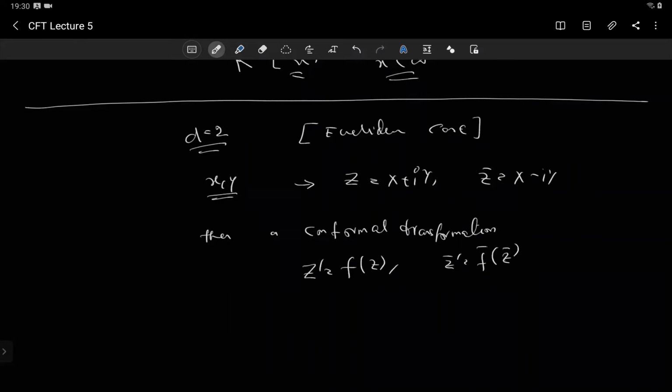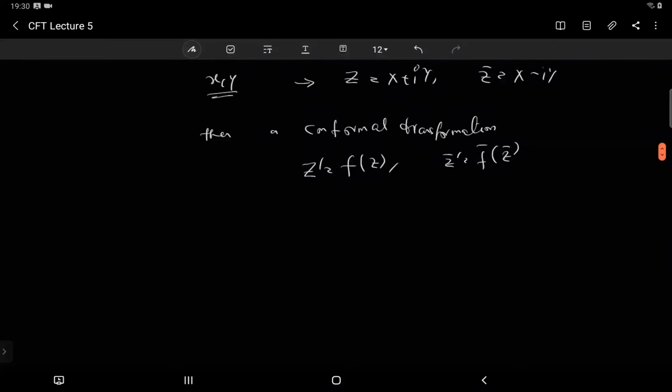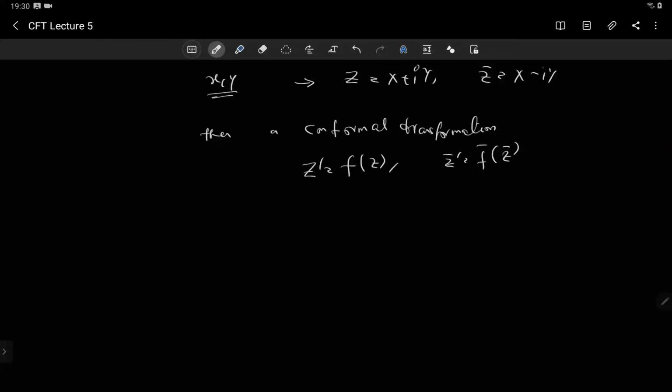So conformal, sorry, did anyone ask any question? Okay. So a conformal transformation is any holomorphic transformation. So therefore this is an infinite number of generators.